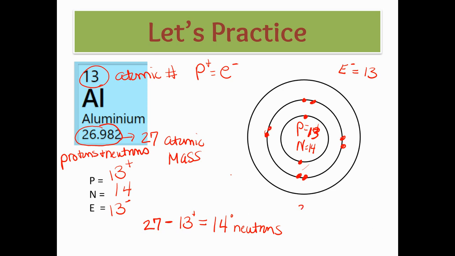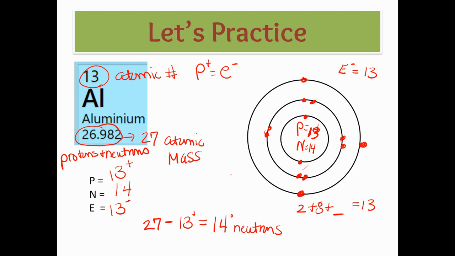Okay, so I did 2 on the first one, I did 8 on the second, and in order for me to get to 13, I have to find out how many I'm going to have there. So that is going to be 3. Okay, so 2 plus 8 plus 3 is 13. So that means on the third energy level, I'm going to add 1, 2, 3.